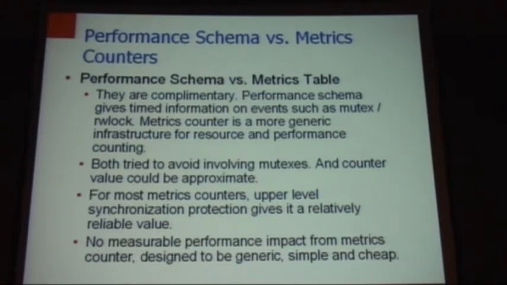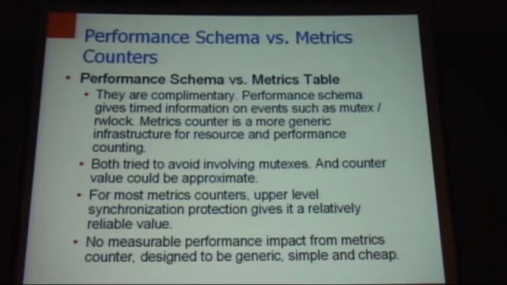Both try to avoid involving mutex. So both are not going to be 100% accurate. In terms of control system, we don't have mutex protection either. So there could be some user turned it on, the other user turned it off, and there could be some conflicts. But we want to try to keep the performance impact as minimal.